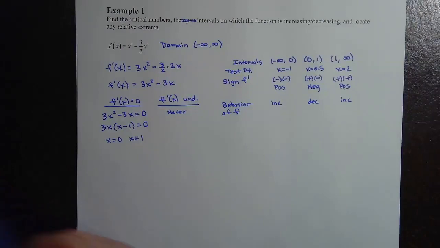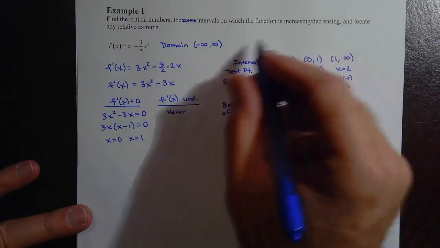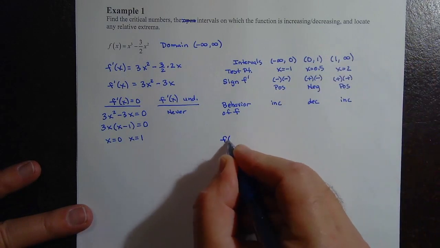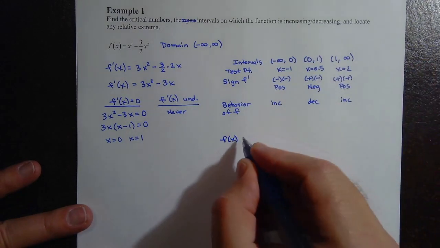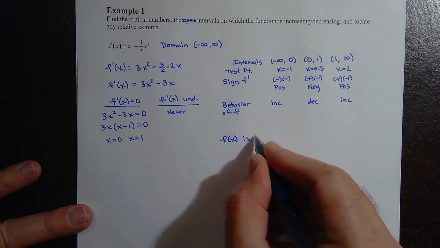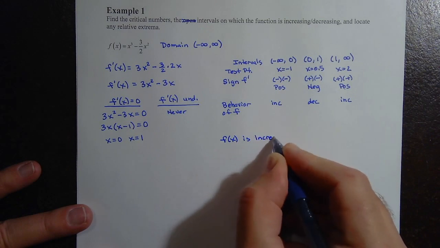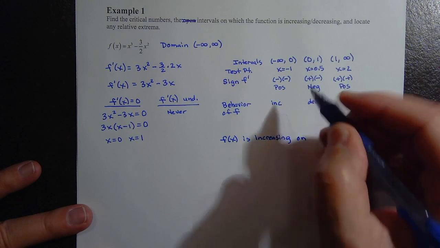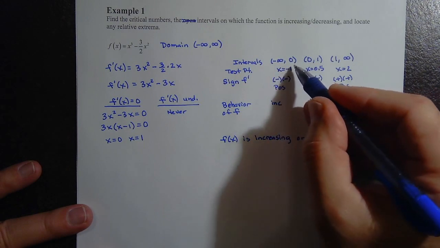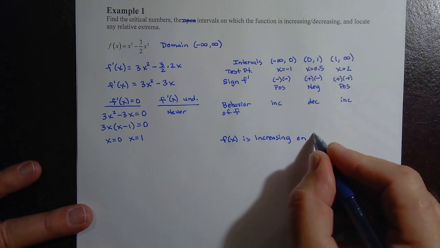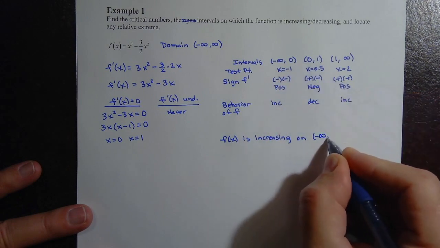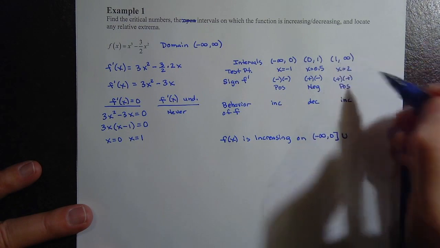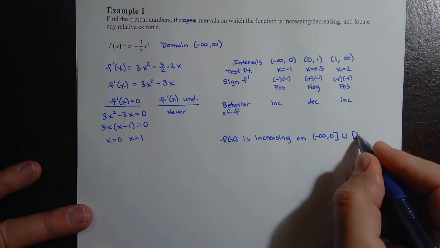All right. So we would say from this sign chart, the analysis here, we could say that f of x is increasing on the interval negative infinity to 0, and we're going to include 0. And then union, and it's also increasing from 1 to infinity.